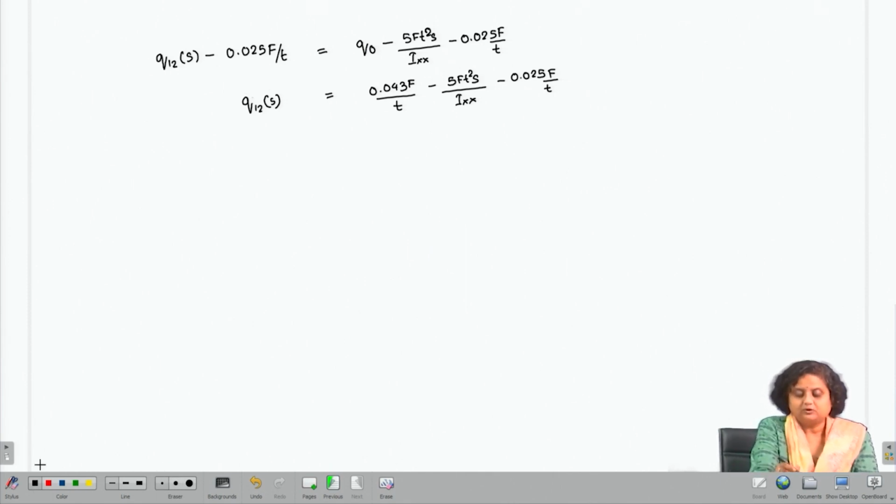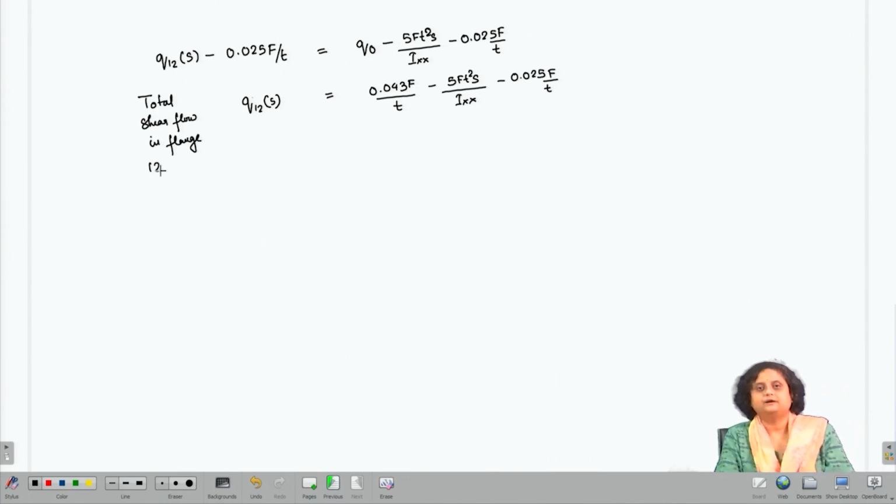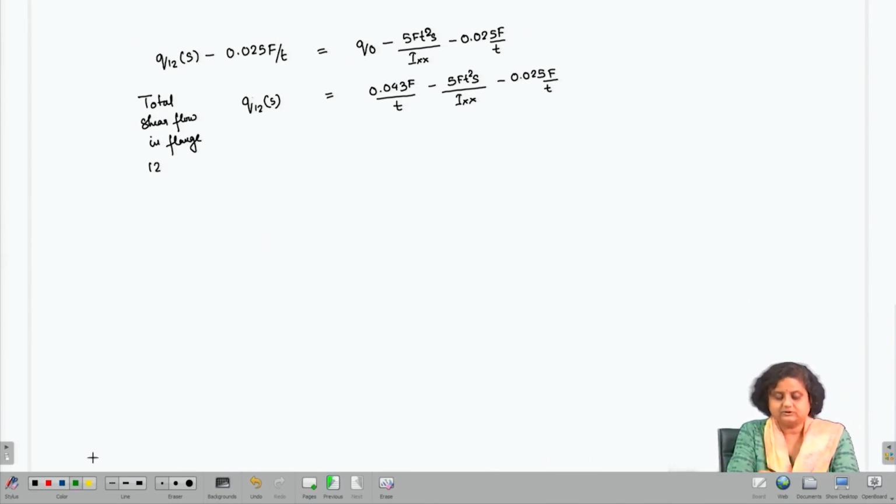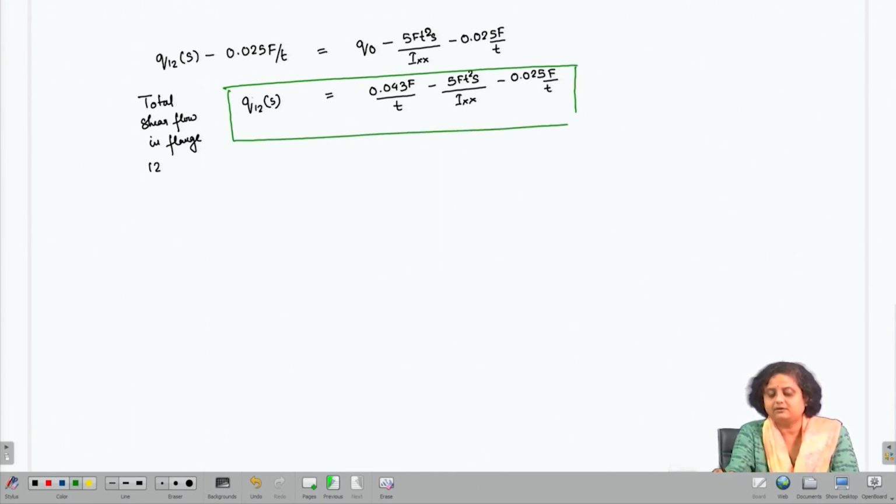Therefore, the total shear flow in flange 1-2 is given as Q12, which is Q12S, the Q12 that we have obtained from the shear force, plus the shear flow because of the torsional moment considered in the equivalent force system. So, thank you.